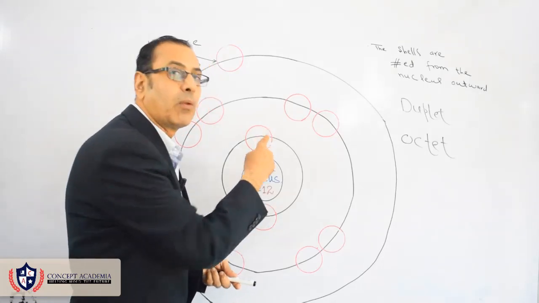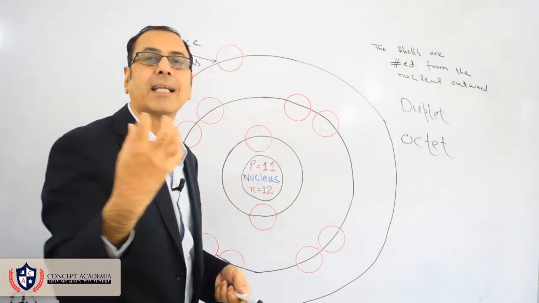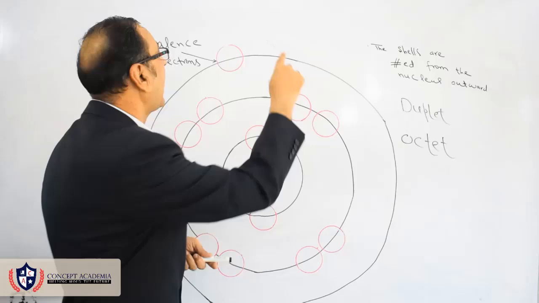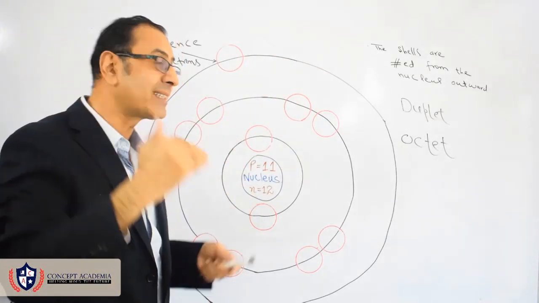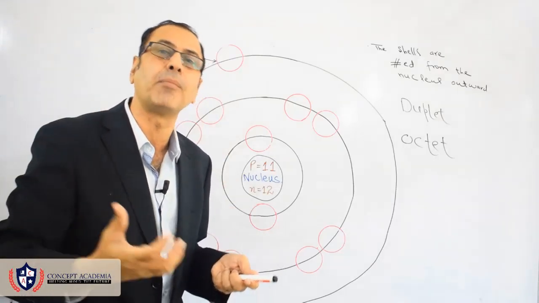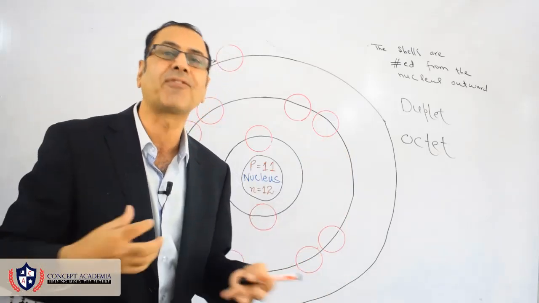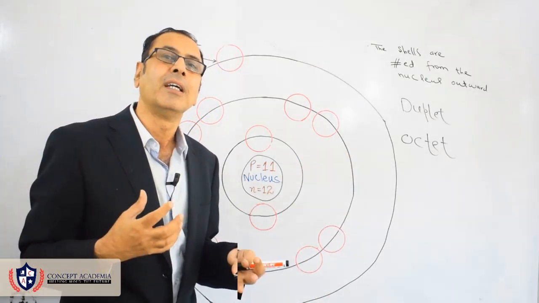Energy level 1 has less energy, energy level 2 has more energy as compared to energy level 1, and the valence electrons have maximum energy because they are farthest from the nucleus and from the protons.